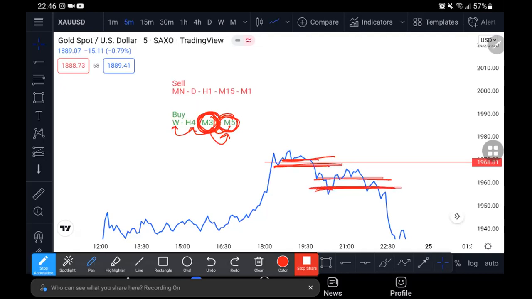So when there is no M30 structure, just use this. When there is entity, just use entity. So the M30 breaks entity, then find the reentry at M30 and then expect the H4. If there is an H4 structure, good. If there is no structure, then just use the M30 again.